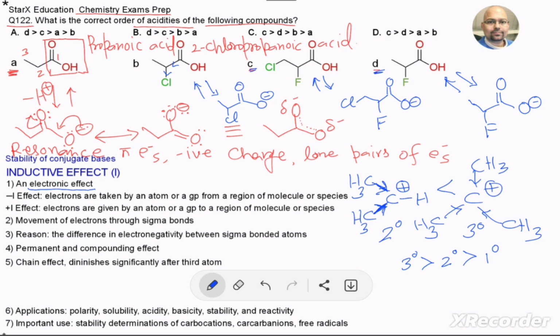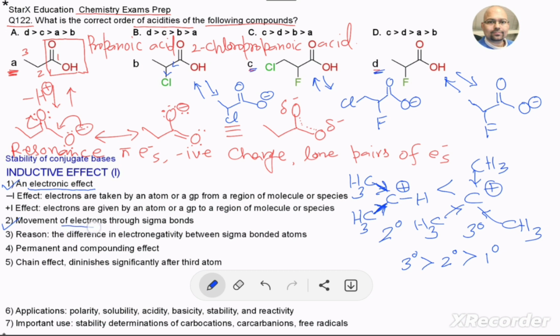So the stability of carbocations and carbanions are something that are explained by inductive effect if there are no other electronic effect in the molecule or species. So this is the first point. The second point is that the inductive effect is actually the result of the movement of electrons through sigma bonds.